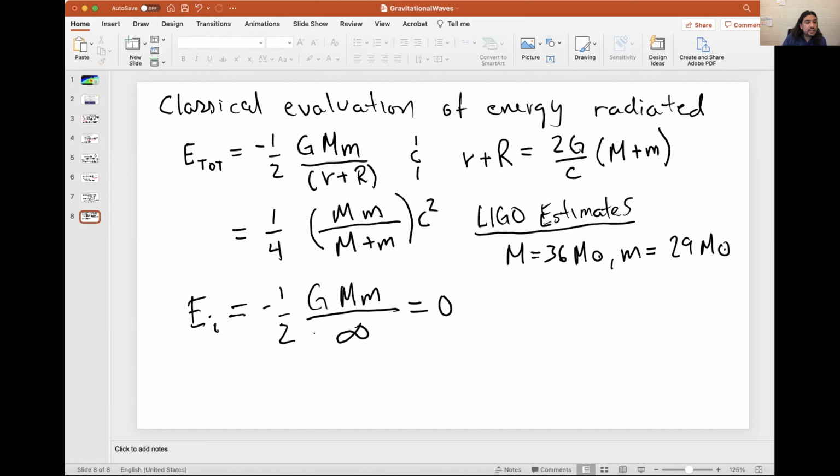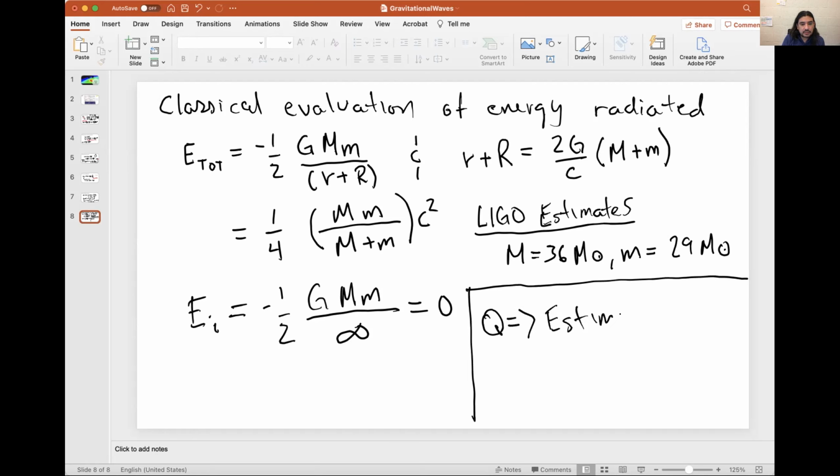So now if we look at the energy separation when they're about to collide, that's when they whoop, do that, right? And just on classical physics, this is the question for you. This is one of the questions for the class. Estimate in solar masses the energy radiated.